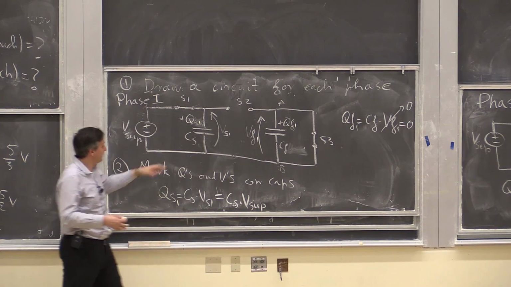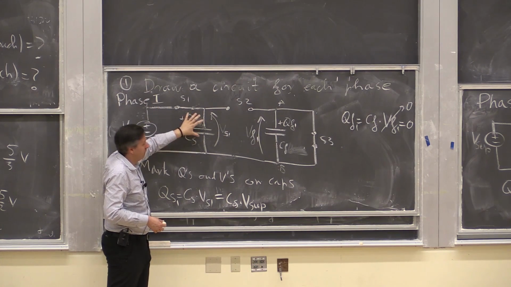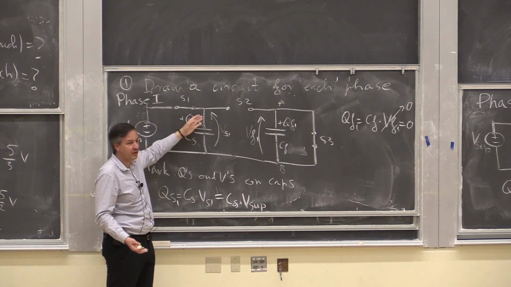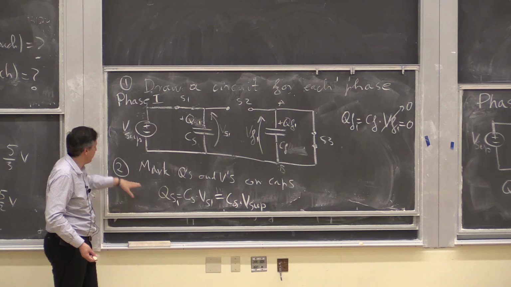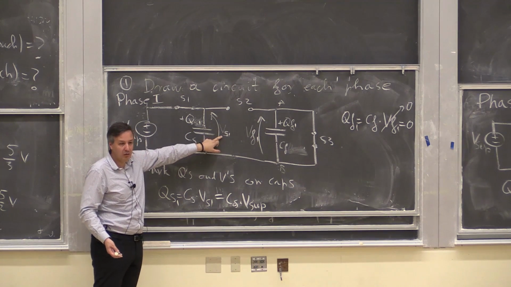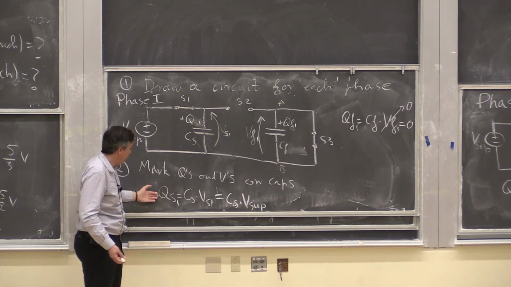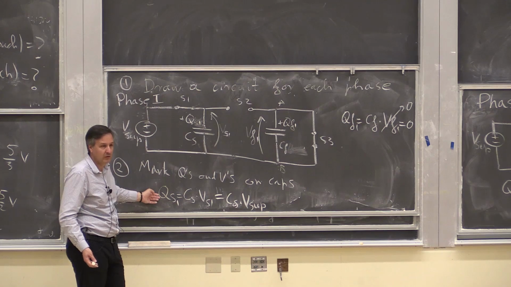So that means, in this case, this switch is on. This capacitor has been fully charged to this supply. There's no more current flowing through it. So for the steady state, you mark Q's and V's on the capacitors, like we did here, QS1, VS1. And then you write down the QC, V equations.